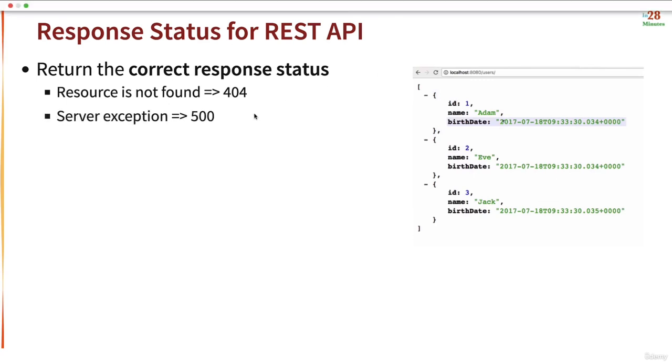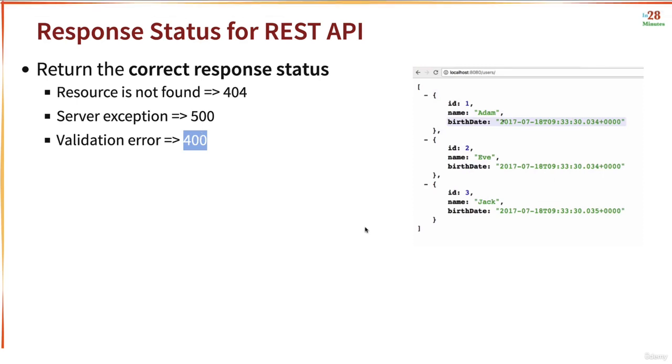Similar to that, if there's an exception that happened in the server, the recommended response status is 500. If there's a validation error, if you are sending certain details and they don't pass the validation, the recommended response status is 400. So it's very important that when you create a REST API, you return the right response status from it.